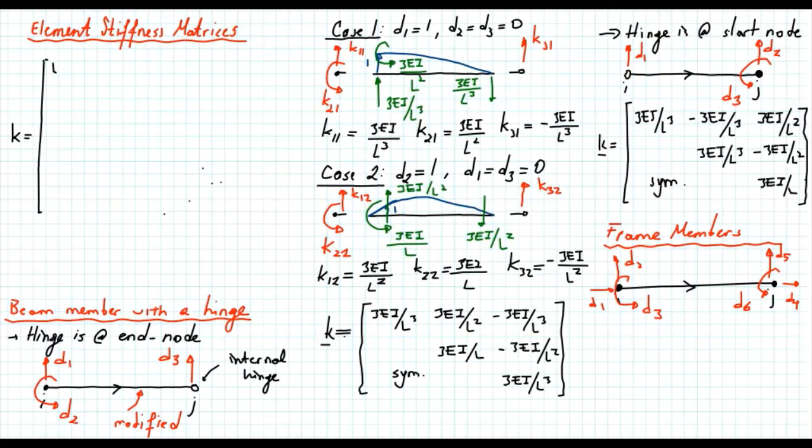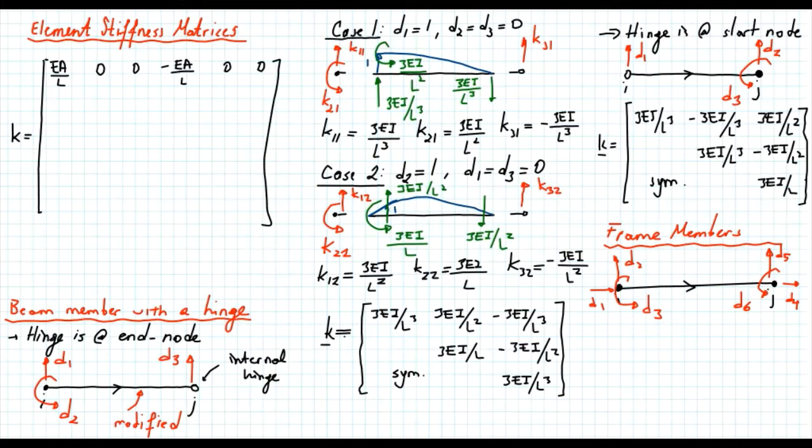EA over L is the force required to create a unit shortening. No coupling with the bending deformation: 0, 0, minus EA over L, 0, and 0. So this is the first row of the stiffness matrix, and the first row describes the axial deformation.